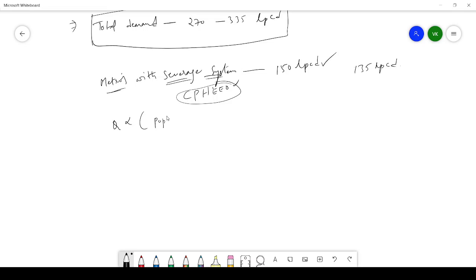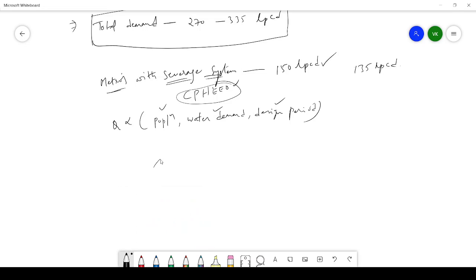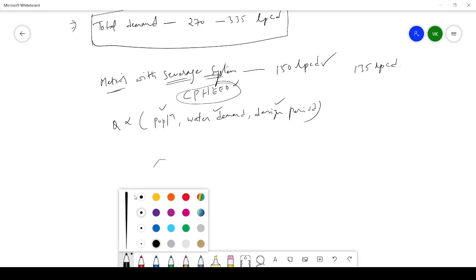Population, water demand, and design period, right? We studied population, we studied water demand. Now we'll see design period.